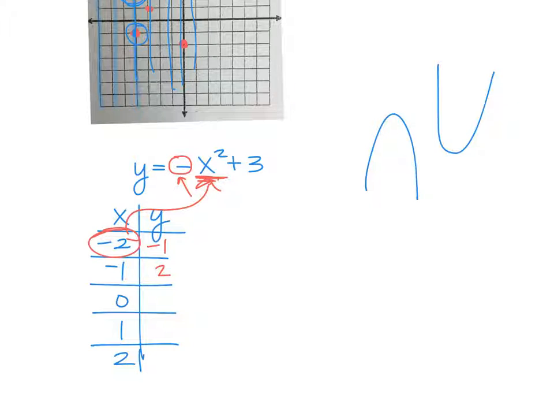Then we plug a 0 in. 0 squared is 0, plus 3 is 3. Then plug a 1 in. 1 squared made negative would be -1, plus 3 is 2. What do you think the 2 is going to be? Do you see the pattern? -1, 2, 3, 2, back to -1 is what it does.